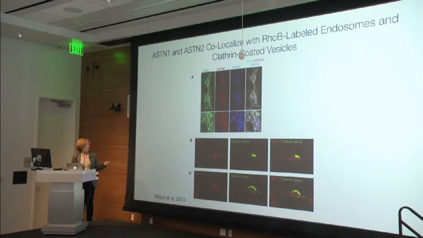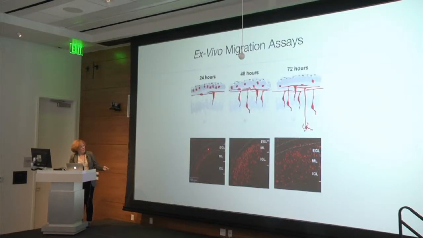I'm getting to systems biology, don't worry. The second one co-localizes, this is with Rab B in endosomes, as the cell is migrating along. The beauty of the cerebellum is also that these cells are born out here in this zone, and then you can do a simple assay and watch this migration process, which is so much more complex to watch in the cortex.